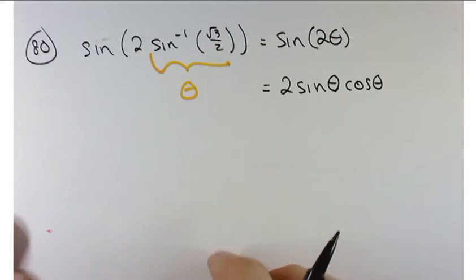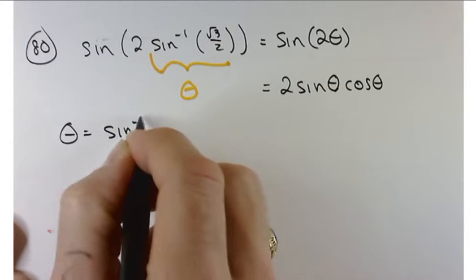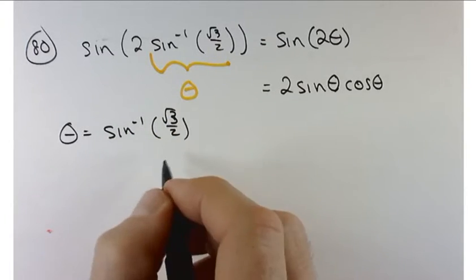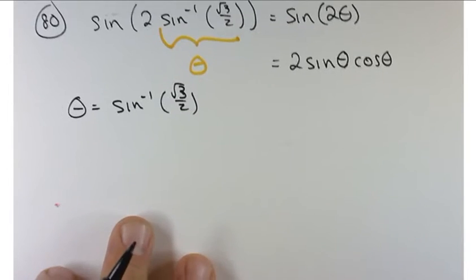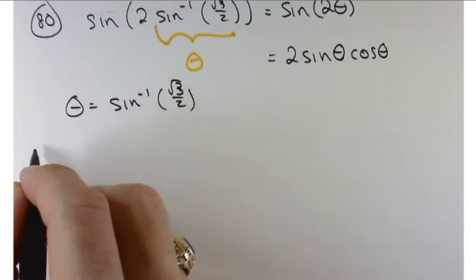Well, what do we know about theta? Theta is the inverse sine of root 3 over 2. Or, flipping things around, how else could I rewrite it? Good.